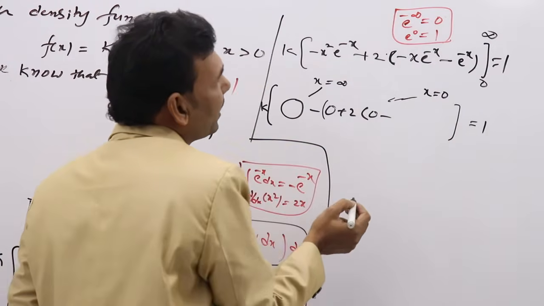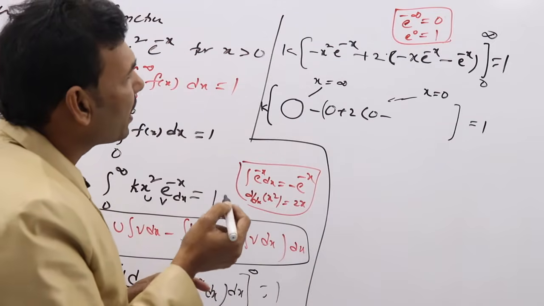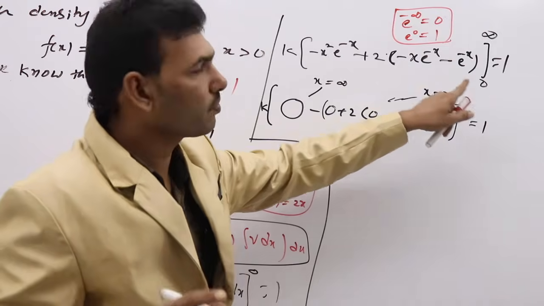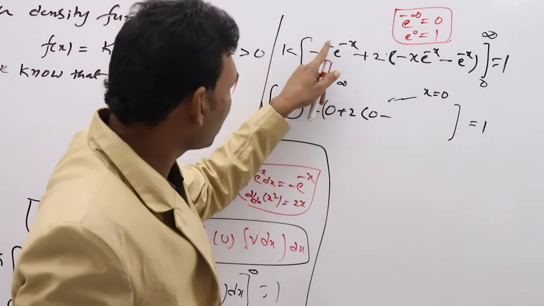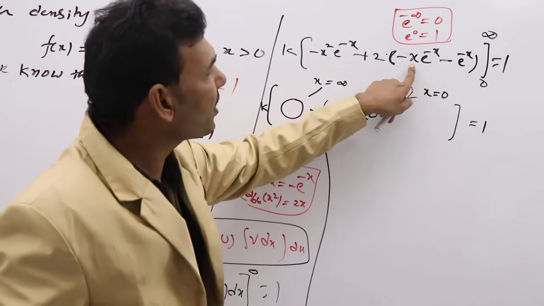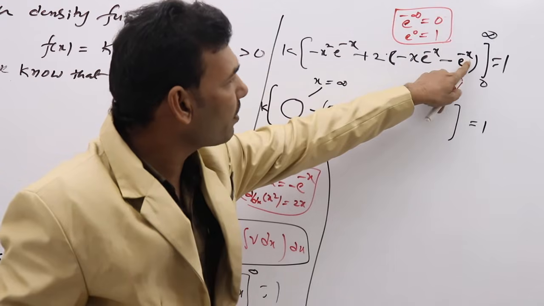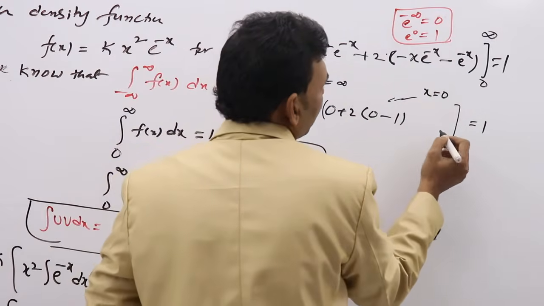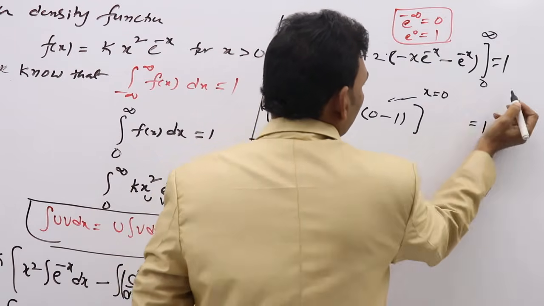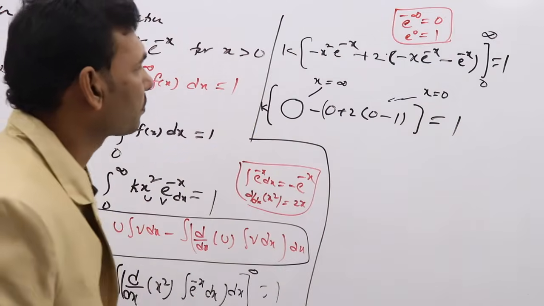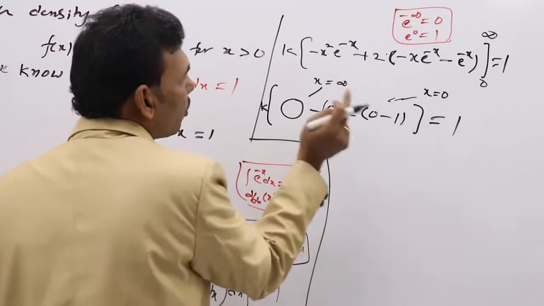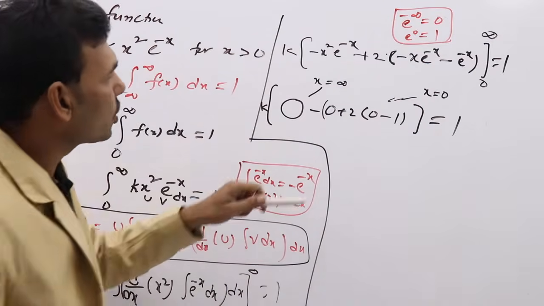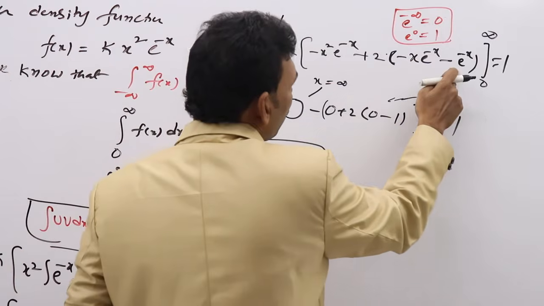If you write in the place of x 0, this becomes 0, this becomes 0, and e power 0 is 1, so here only you will get 1, remaining all 0. This is the x infinity case, and the 0 case. For the infinity case the total becomes 0. For the 0 case this becomes 0, this becomes 0, this is only 1.